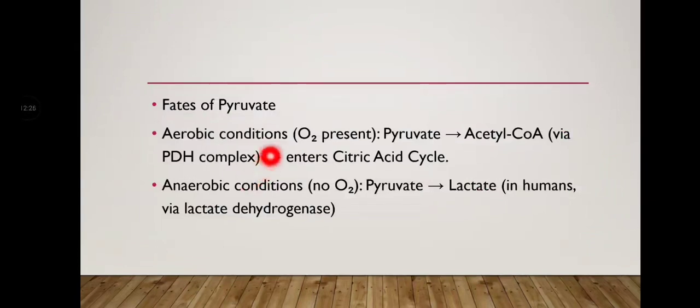Now, what are the fates of the pyruvate that is produced? It depends on whether you have aerobic or anaerobic conditions. In the presence of oxygen, pyruvate may be converted to acetyl-CoA via the PDH complex, and it will enter the citric acid cycle. In anaerobic conditions, if there's no oxygen, pyruvate may be converted to lactate via lactate dehydrogenase.